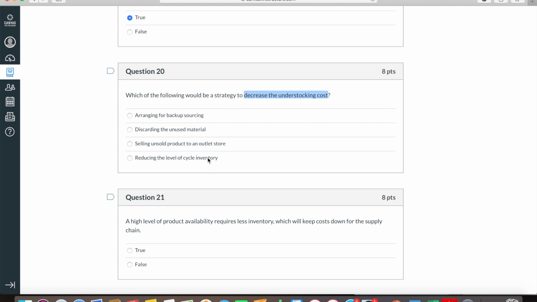Well, let's look here. Reducing the level of cycle inventory? Well, no, not necessarily, because if you reduce the level of cycle inventory, that is increasing understocking. If you have less stuff, you're going to have less stuff to sell. Selling unsold products to an outlet store.